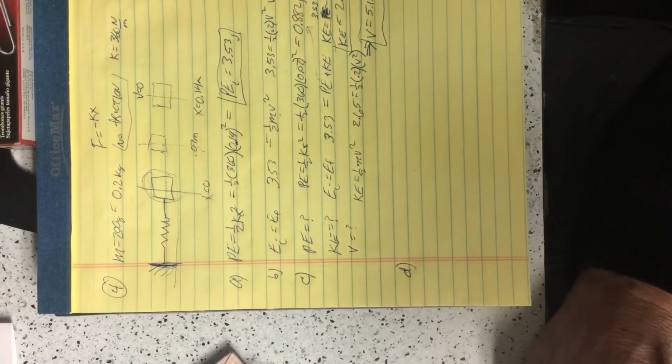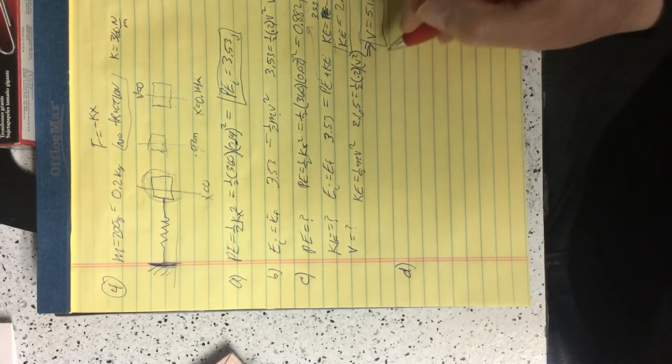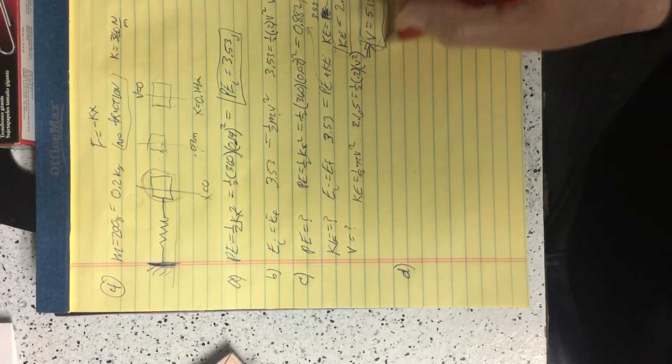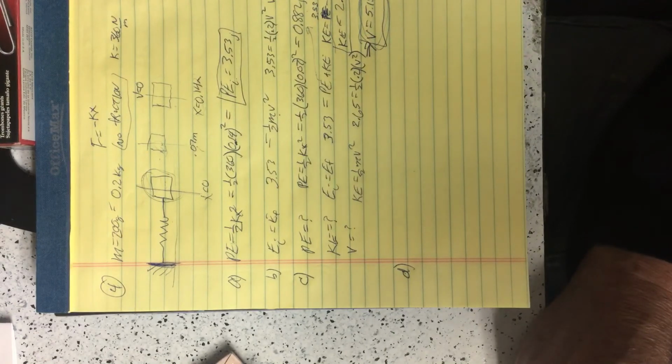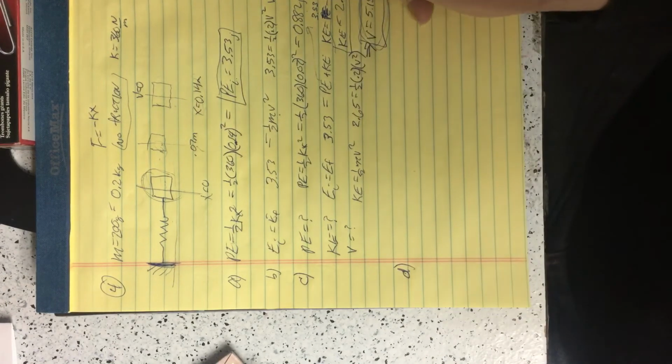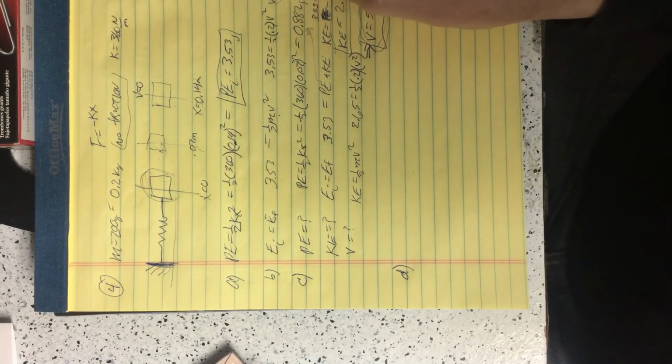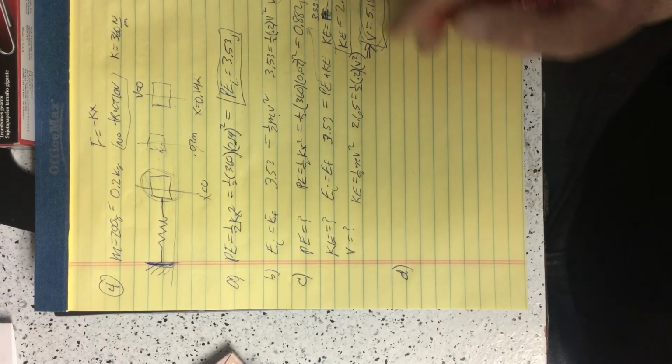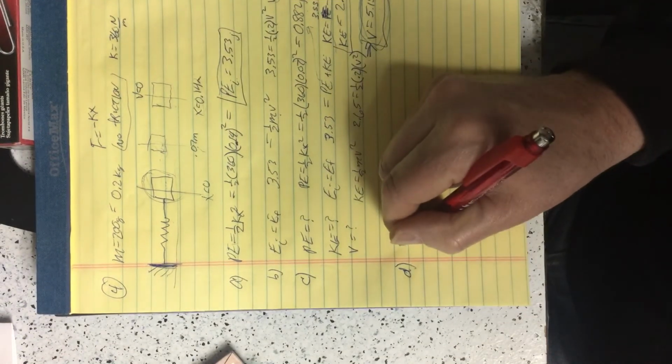Part D. How does the value of velocity computed in part C, that's this right here, compare to the one computed in part B? Well, in part B we found it's 5.94. So part C is less than 5.94.